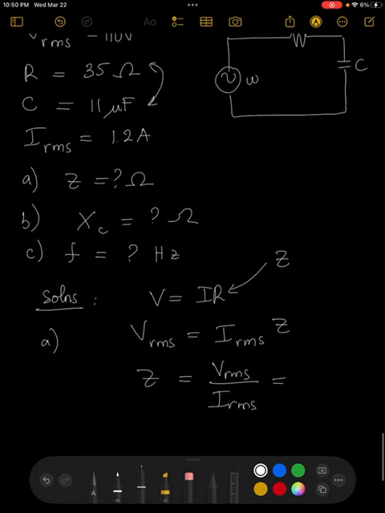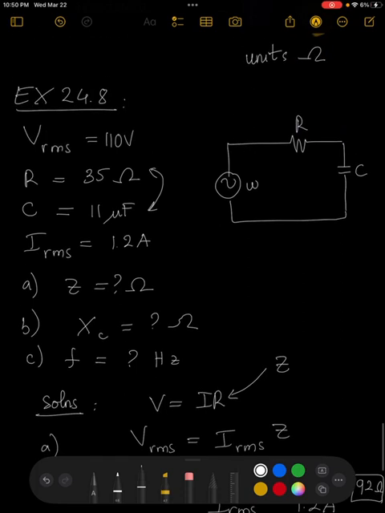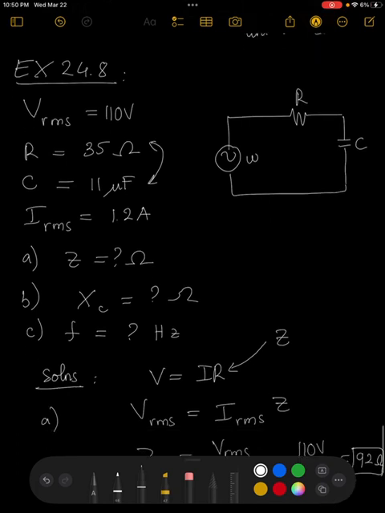That's 110 volts divided by 1.2 amperes, which gives you 92 ohms. That's the total impedance coming from the capacitor and the resistor.